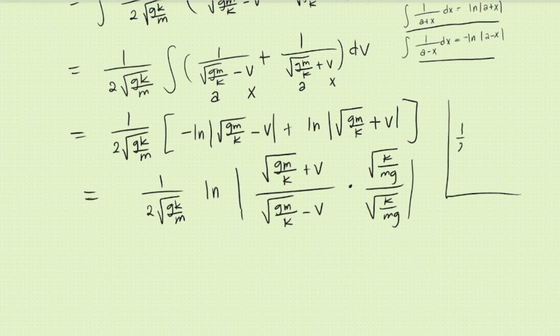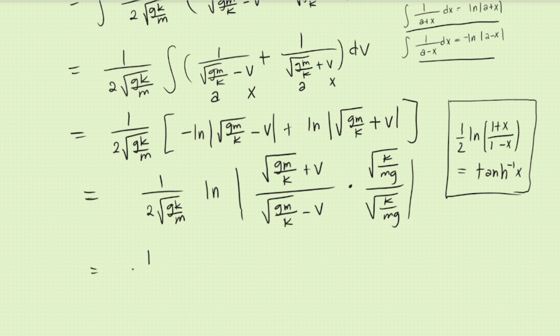I'm going to show you 1/2 ln of 1 plus x over 1 minus x is equal to the inverse hyperbolic tangent of x. So I want to create this pattern so that we can simplify these terms into an inverse hyperbolic tangent function. Okay, so I want this to have a 1 here so that I'm multiplying the reciprocal of this term here.